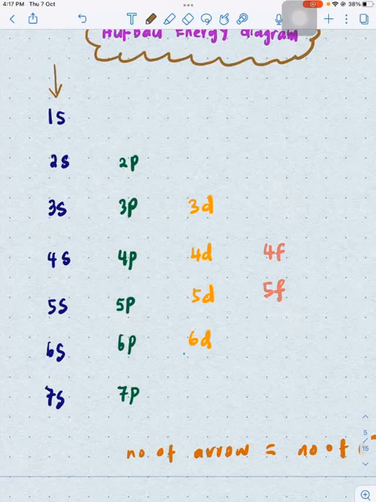Buat ke? Boleh. On the way. Okay. So buat memang 1s, 2s sampailah kepada 7s for the first line. And then after that in the second line, memang kita bermula daripada 2p, 3p, 4p, 5p, 6p until 7p. Buat susunan dia.